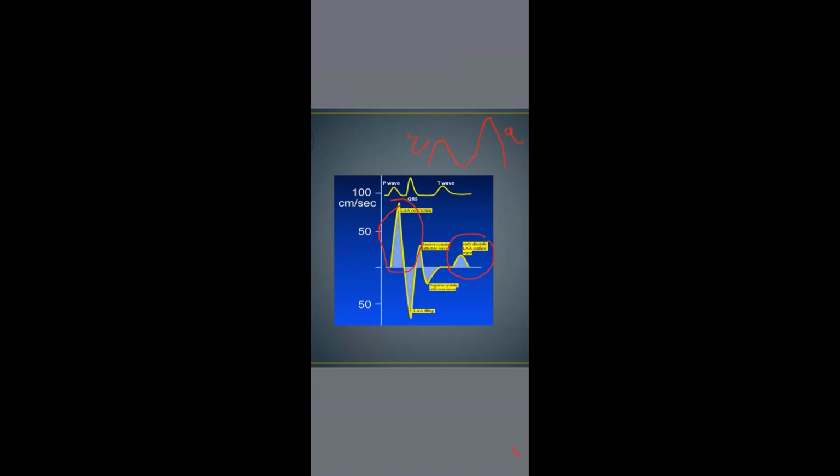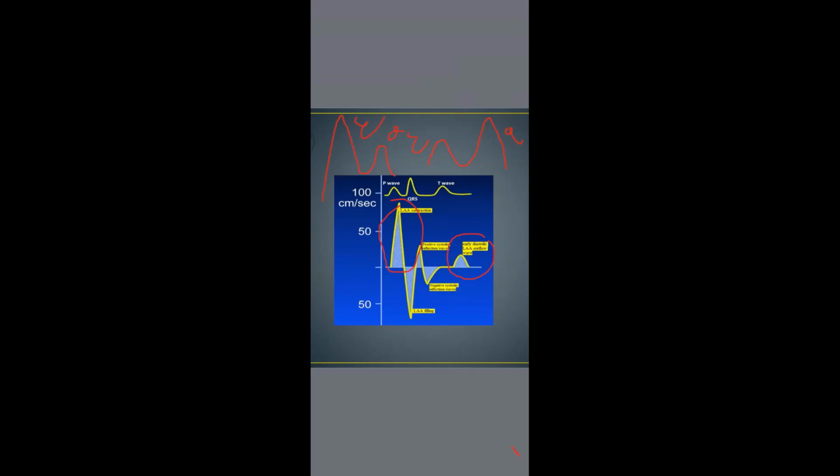Compare this with the normal mitral inflow. How does it look? It looks like E and A, meaning the mitral inflow is more dependent on the initial phase of passive filling than atrial contraction. While in the LA appendage, it depends more on the atrial contraction than the passive emptying.